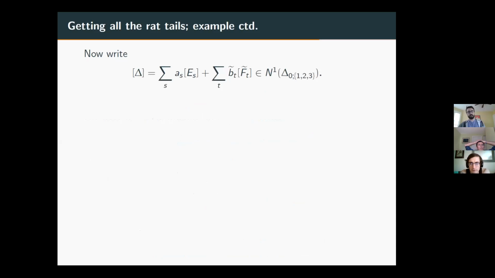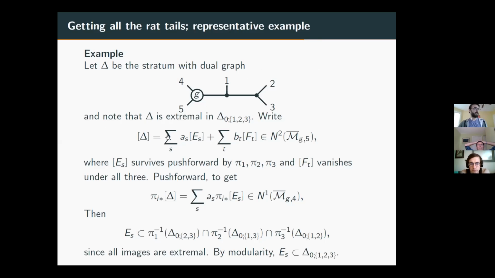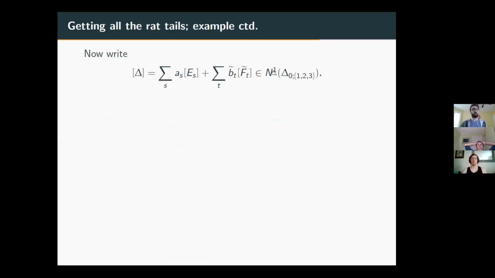Now we're going to take our original sum up here, and instead of thinking of it as a codimension 2 class on M_{g,5}, we're going to write delta as a codimension 1 class in that boundary divisor. All of the E's we concluded were already in that divisor, so they come along for the ride. The F's that we thought about earlier, some of them might live in the divisor, some of them might not. And so that's the tilde: some of them we include, some of them we don't.